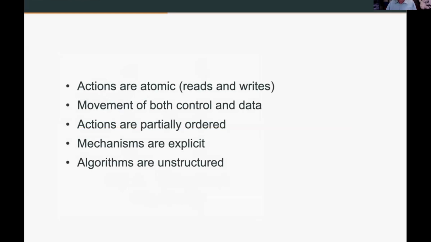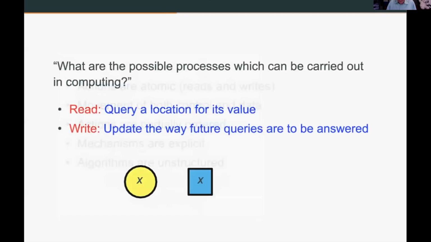So we're going to have atomic actions like abstract state machines, only the basic read and write and the like. We'll have control and data moving around, passing control and passing data. The actions will be partially ordered, like in Pratt, everything explicit, and the algorithms will be completely unstructured spaghetti.